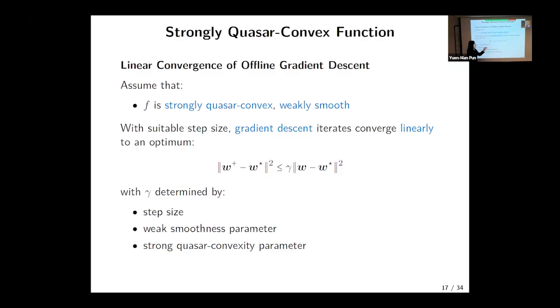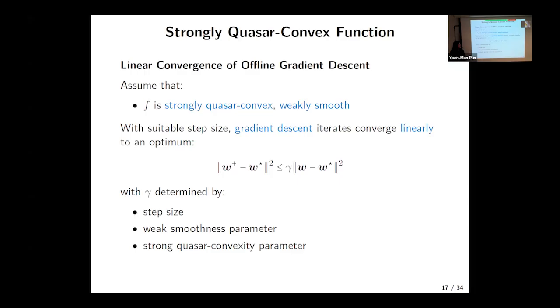W plus is our gradient descent update, and its distance to the optimum is upper bounded by the contraction factor gamma times the distance from the optimum at the previous time step. And gamma here, of course, because it's a contraction factor, is between 0 and 1, and is determined by step size, weak smoothness parameter, and strong Quasar-Convexity parameter.